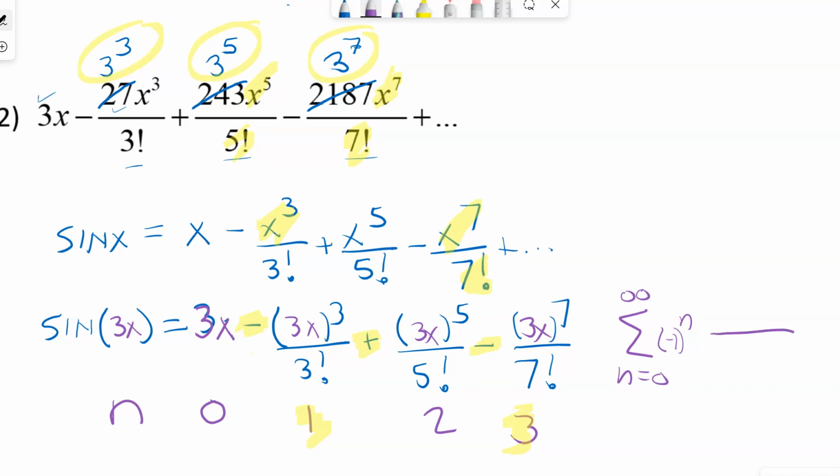Now, for the denominator, I notice that these factorials differ by 2. So I'm going to say 2n, but then I need to do a little bit of adjusting. So let's try out this 3. If I plug a 3 in, 2 times 3 is 6, but I need 7. So I'll just add 1 to that to make it work out. If I try the second term, 2 times 2 is 4, plus 1 is 5, so that works out.